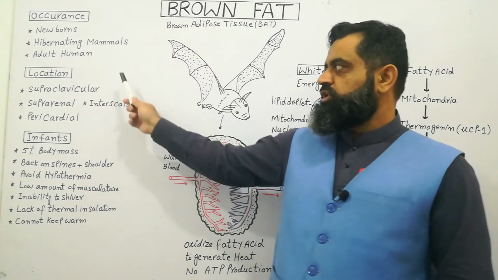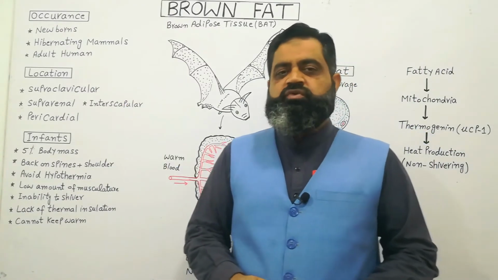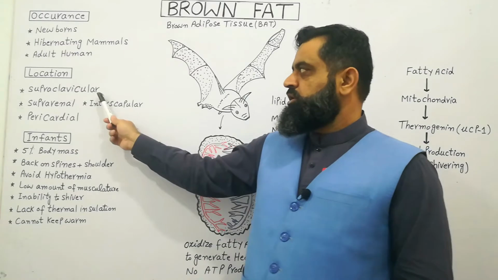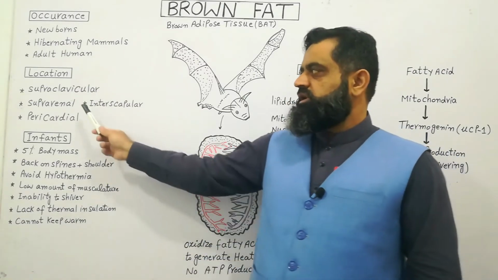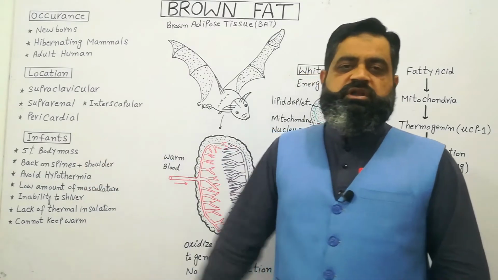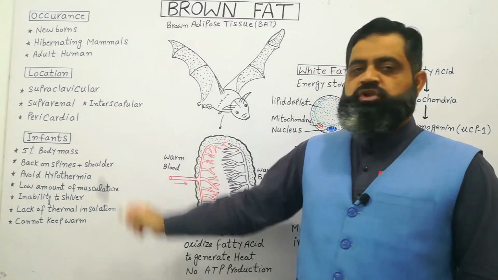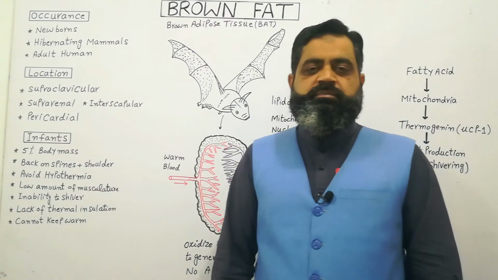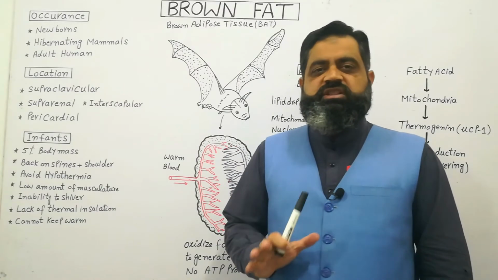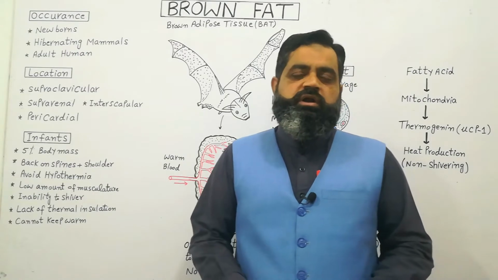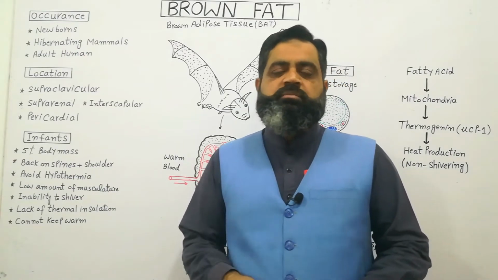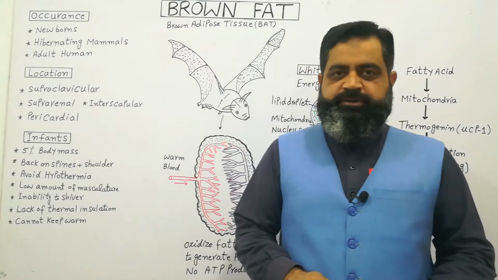It is present in the supraclavicular area of the body, the suprarenal area around the kidneys, the interscapular area between the scapulae, and the pericardial area around the heart, and the kidneys also have some amount of brown fat.